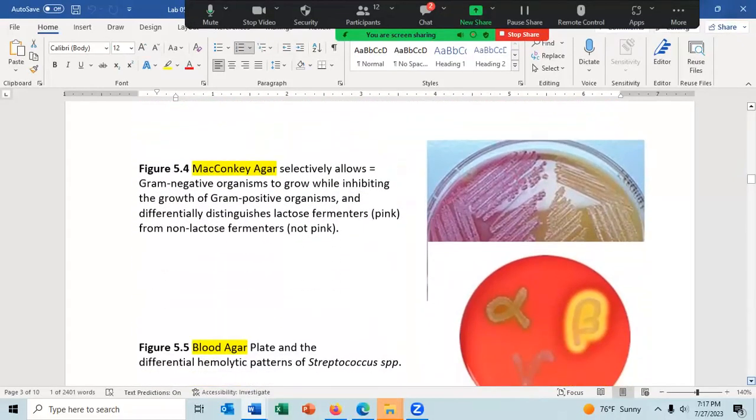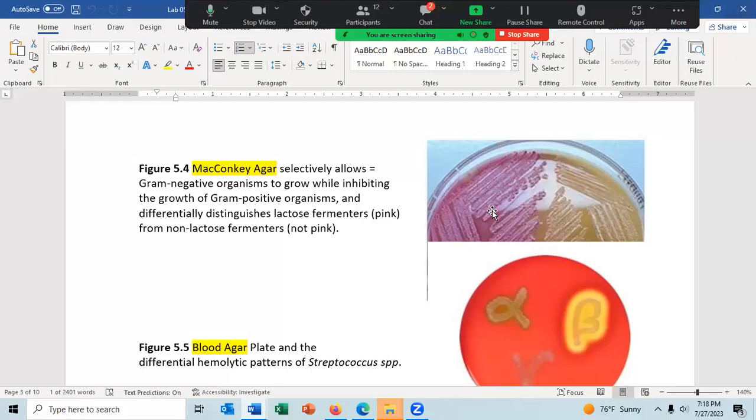Here we're looking at MacConkey's agar, and MacConkey's agar is selective for gram negatives. It contains bile salts and crystal violet in it. That's why it has a purple color. And that prevents the growth of gram positives. Gram negatives can grow.